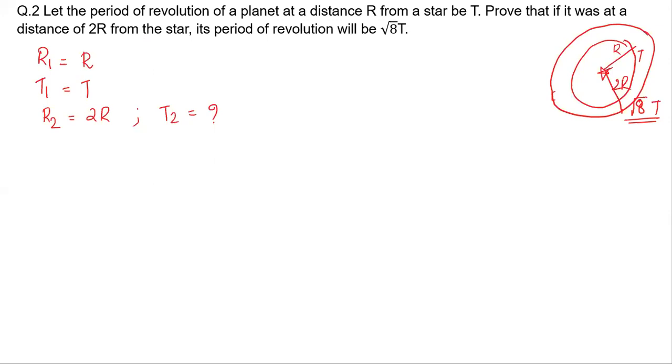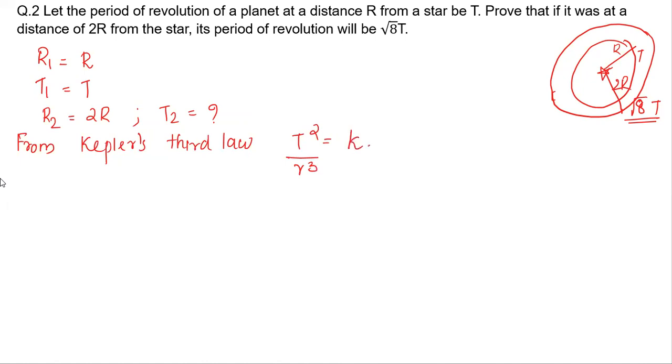T is the period of revolution. Which formula did we learn in this lesson? Kepler's third law. So from Kepler's third law, what is Kepler's third law? T square is equal to k into r cube, or we can write t square upon r cube is a constant k.